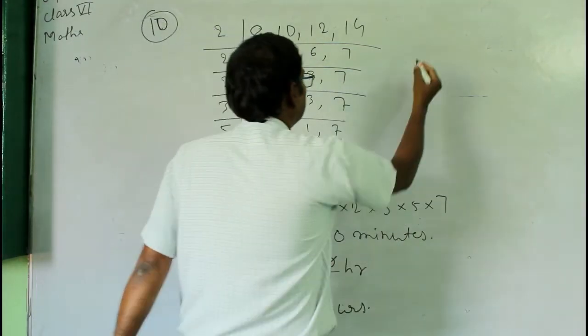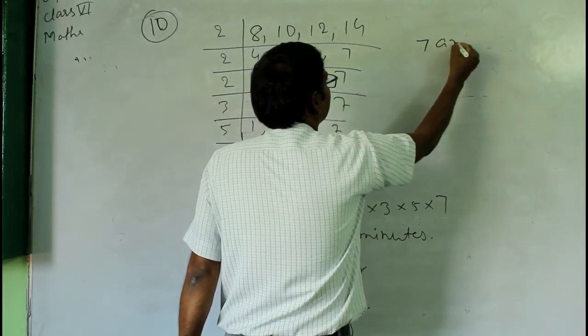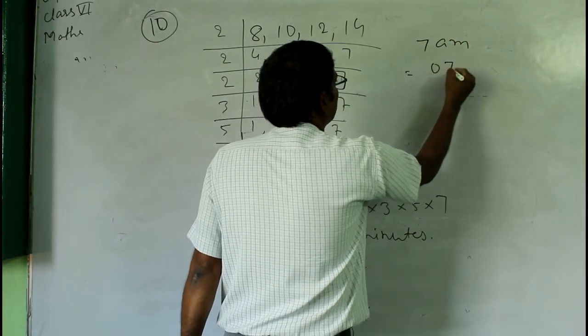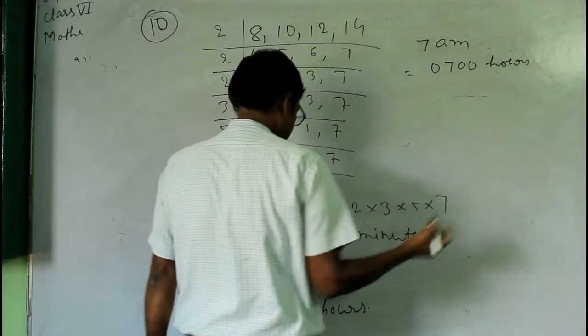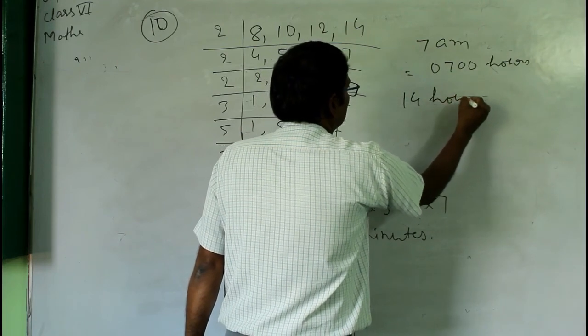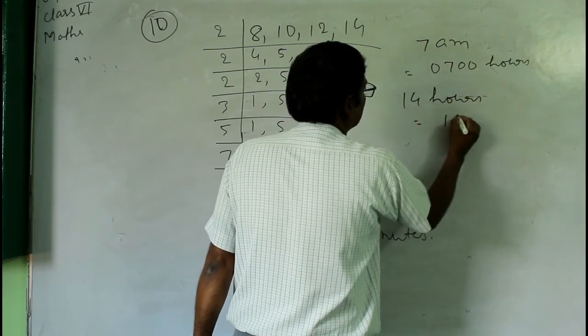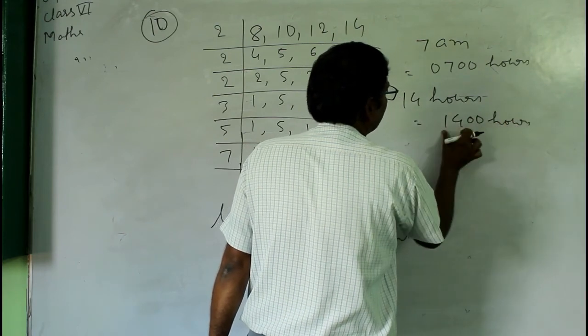So you have 7 a.m. Now here you will write that 7 a.m. is equal to 0700 hours. And you will write here that 14 hours equal to 1400 hours, that is 14 hours and 00 minutes.